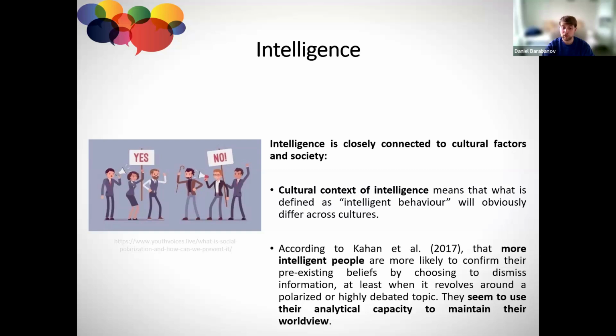So they're more prone to confirmation bias, not less, as we could expect because they're so smart. Often intelligent people do not use intelligence for finding the real answers. They use it to justify the course of action they already took. Which is actually quite fascinating.